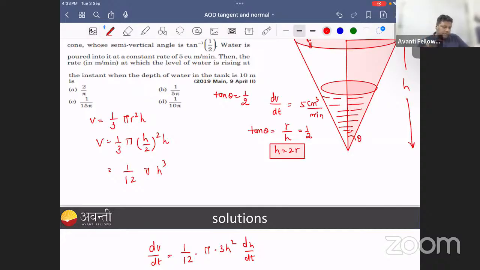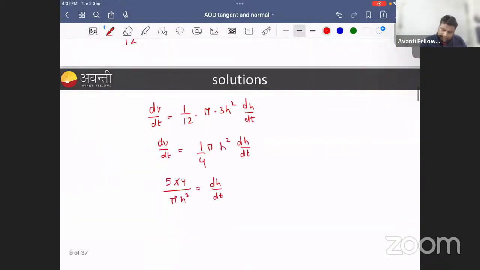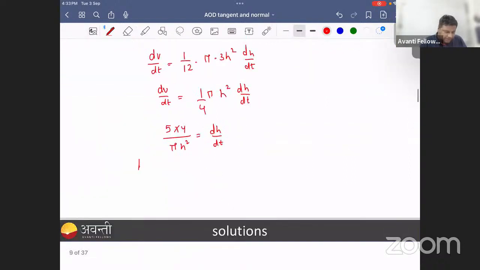Got it? So depth of the water is 10 meter. That means replace h as 10. So your dh by dt is 5 into 4 upon pi and h is 10 into 10.